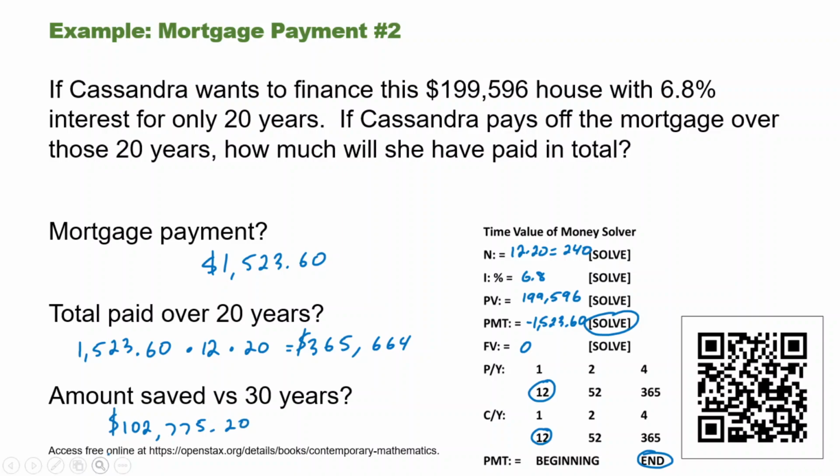So is it worth taking 10 years off the loan, increasing your payments to actually save most of the value of the home itself? You can decide that for yourself.